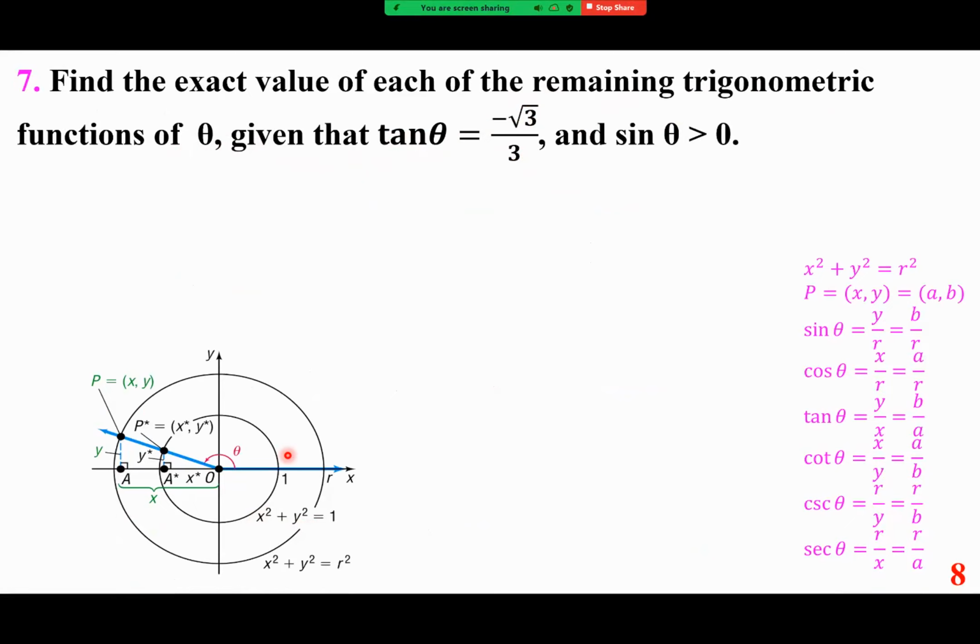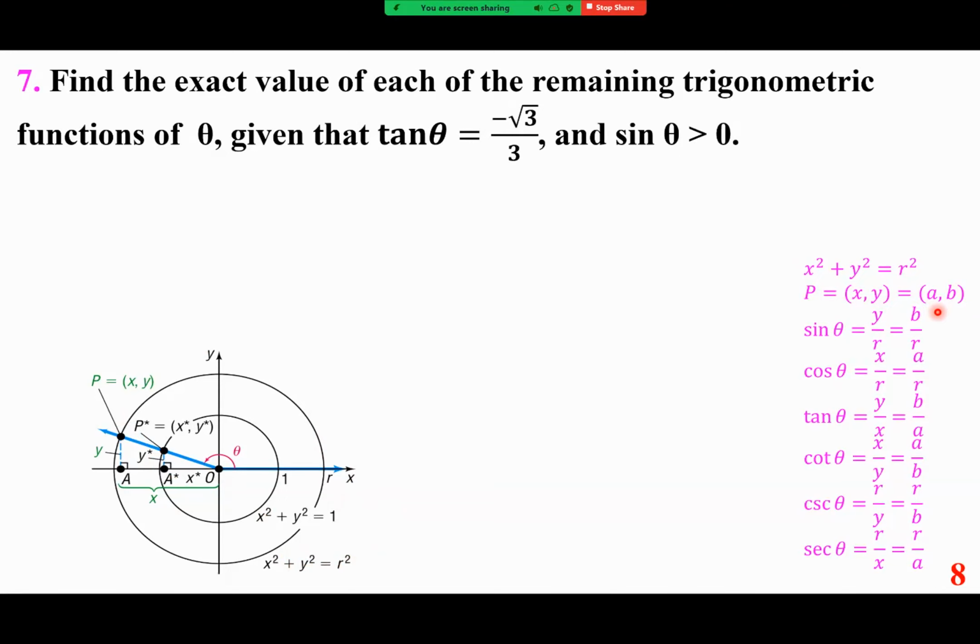As far as the unit circle is concerned, x squared plus y squared is 1. But if it's not a unit circle, for any radius, x squared plus y squared equals r squared, okay? Any point has coordinates x comma y. Sometimes they call it a and b. Either way is fine.